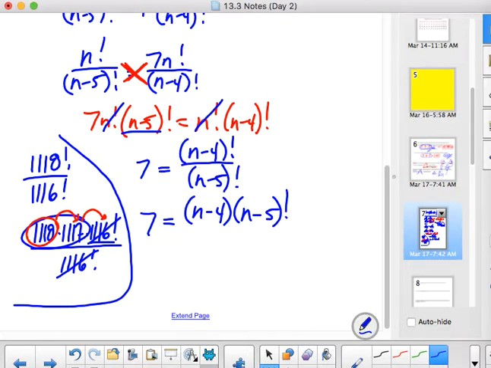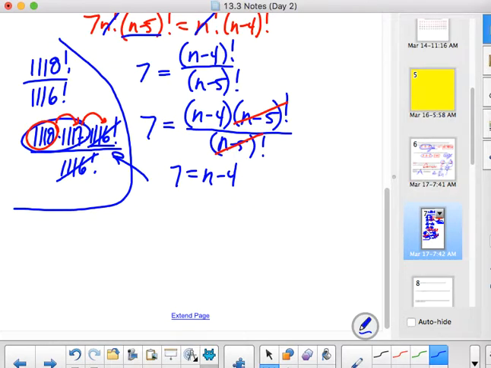And I just leave it at that because that's exactly what is in the denominator, which is kind of where we want to be, because just like this problem over here, we really want that factorial to cancel out and get out of the way for us so that we can just get to the variable in this case. All right, so once we get here, again, these will cancel out, which is what we wanted in the first place, and we just end up with 7 is equal to n minus 4, which gives us n is equal to 11.